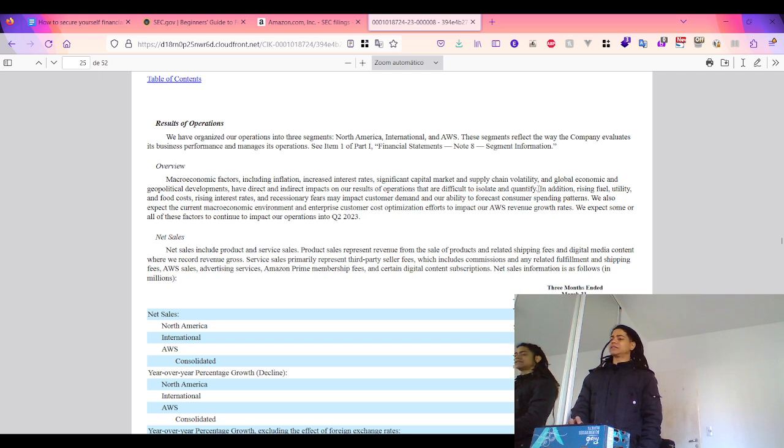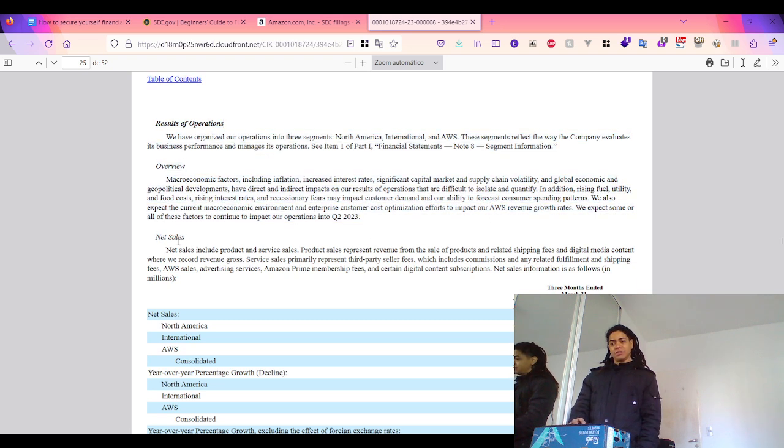The reality is something that might not be disclosed. In addition, rising fuel, utility, and food costs, rising interest rates, and recessionary fears may impact consumer demand and our ability to forecast consumer spending patterns.